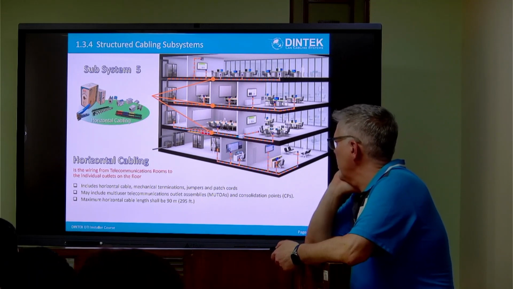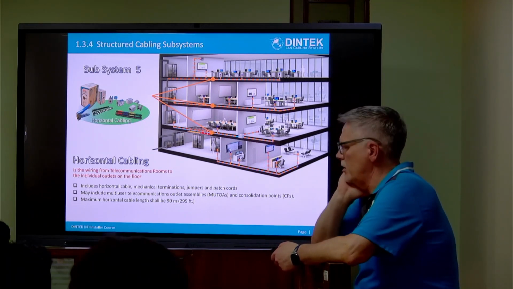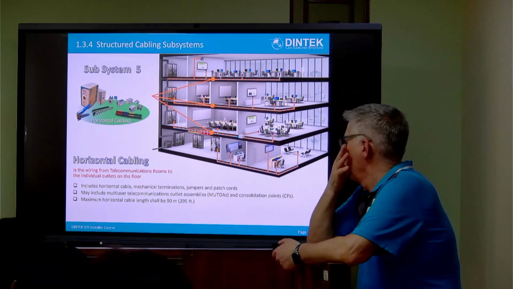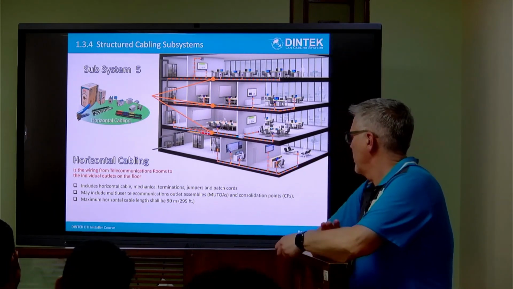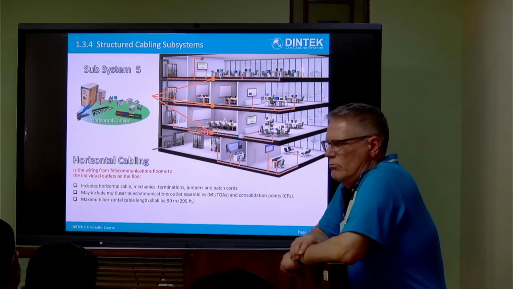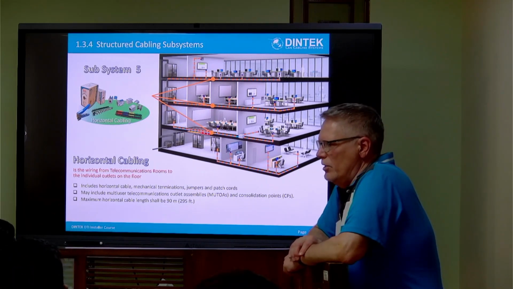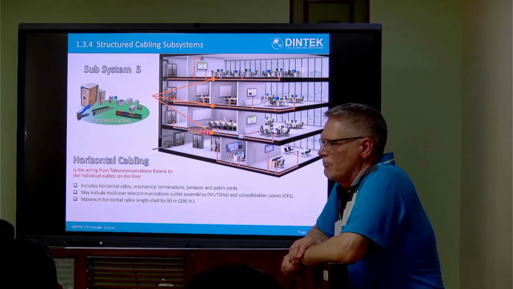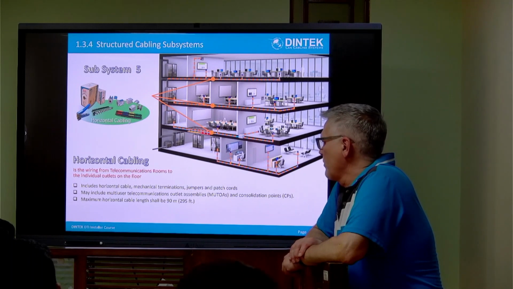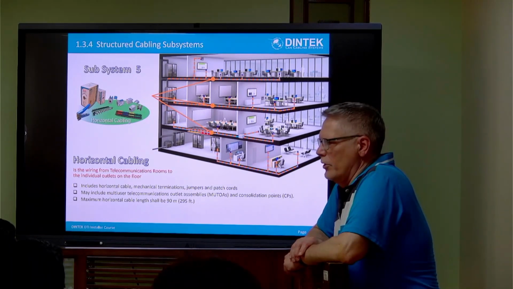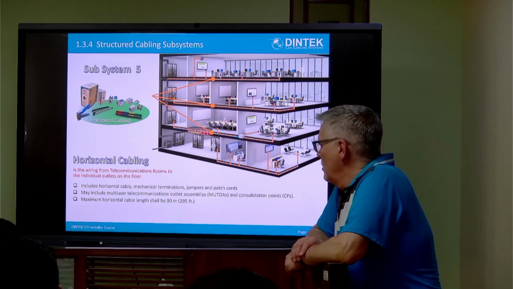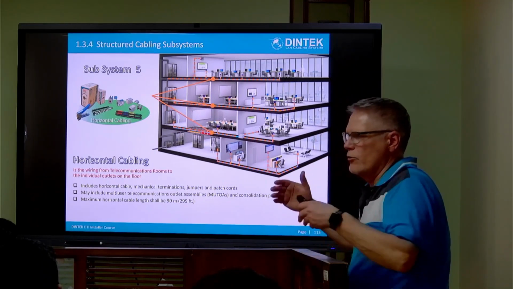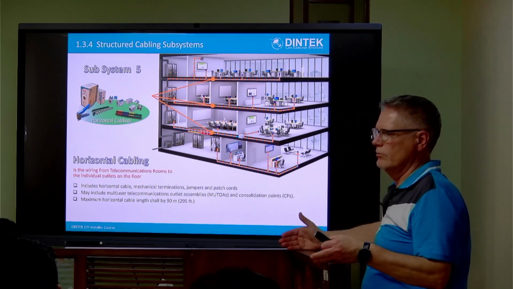And the maximum length is always going to be 90 metres. People have said to me in courses I've done before that they've run 110 metres and it worked fine for them. And it may seem like it's working fine, they may be very lucky. But it's set at 90 metres, or 100 metres max for a channel connection.